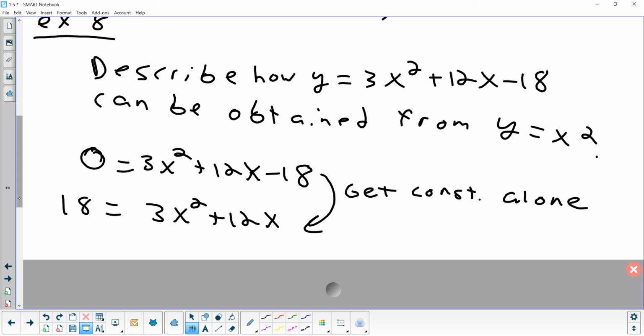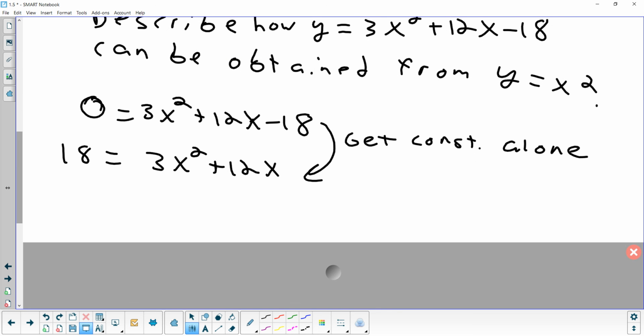Next, to complete the square, you always want the coefficient of the x squared term to be a 1. Right now, what's my coefficient of the x squared? 3. So what I can do, and I'm lucky that I have a 12 here, if I didn't, I'd still have to do this, is factor a 3 out. And it will factor out nicely because I had a 12.